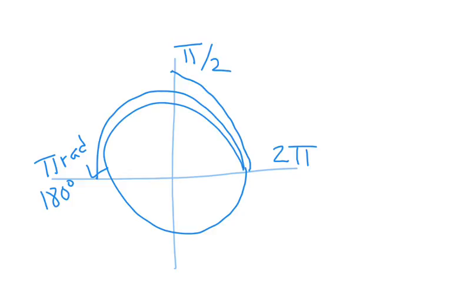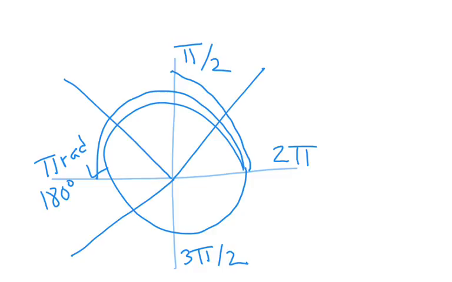And similarly, this would be 3 pi over 2 radians, because you can count each quadrant as pi over 2 radians. We could then split each of those quadrants into equal pieces, in which case if you think about this being pi, then this is cut into 4 pieces of pi, if you like.